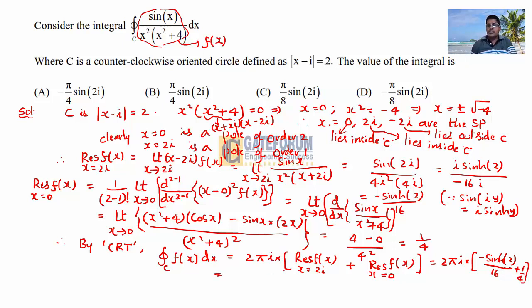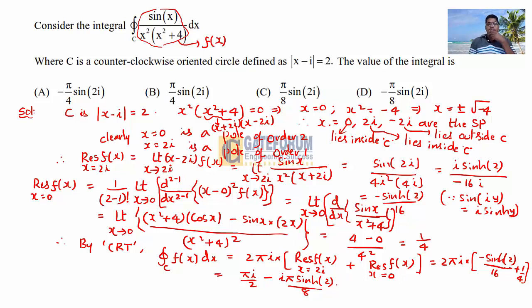Now this can be written as pi i by 2 minus i times pi sinh of 2 divided by 8. So here 2 is multiplying with 1 by 16, which simplifies to 1 by 8. The i is not simplifying, minus sinh.